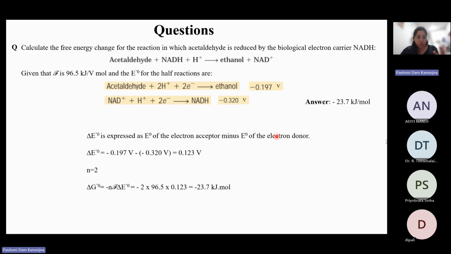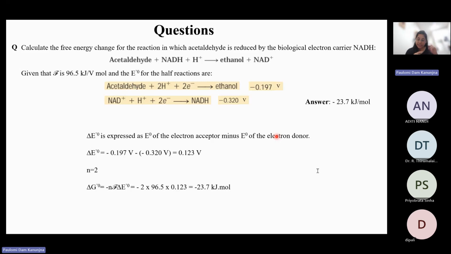But what I understood is, when you are looking into the potential difference, delta E, which is basically the difference between the two reduction potentials, you're saying how much is the electron flow from the donor to the acceptor, right? We are computing the reduction potential from the donor to the acceptor, because the acceptor of course has a greater tendency to accept electrons, so we are doing acceptor minus donor.